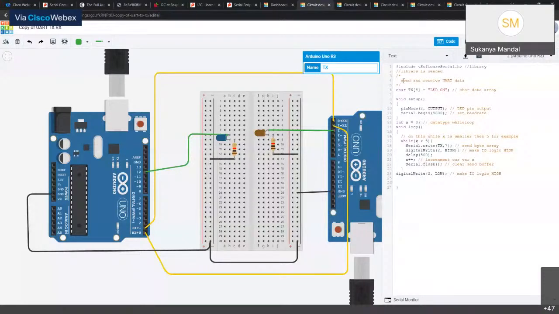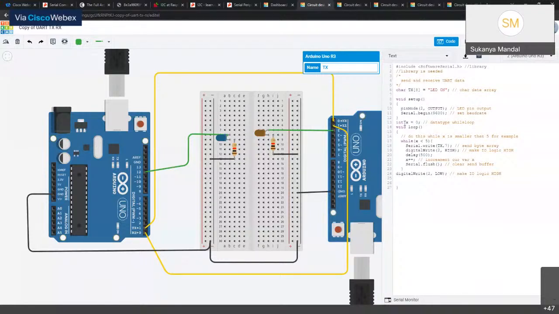We have the transmitter connected at the 8th pin, which gives the signal for LED on. Then we do the setup. Pin mode 2 is connected to the anode of the LED, the positive leg of the LED. And there's a serial baud rate of 9600.